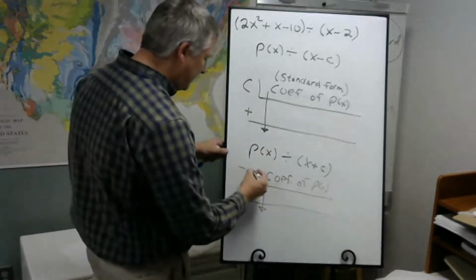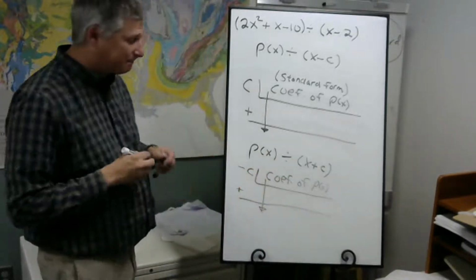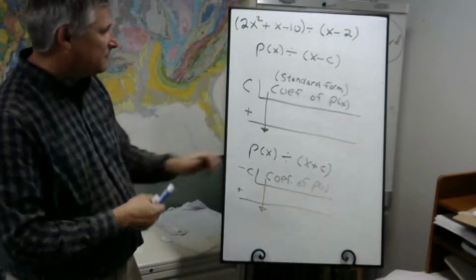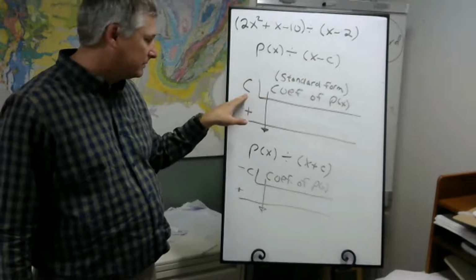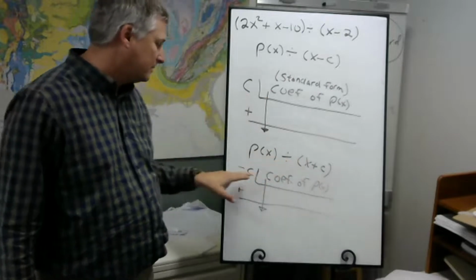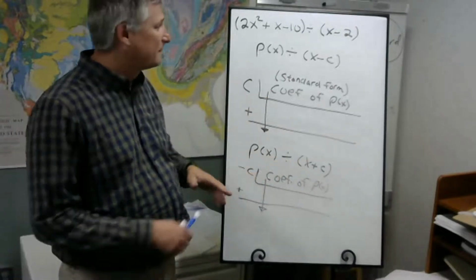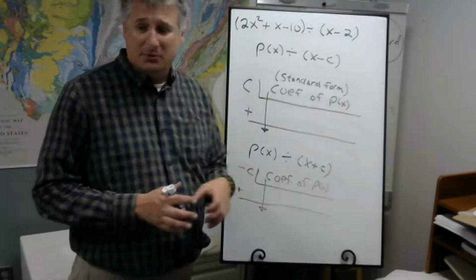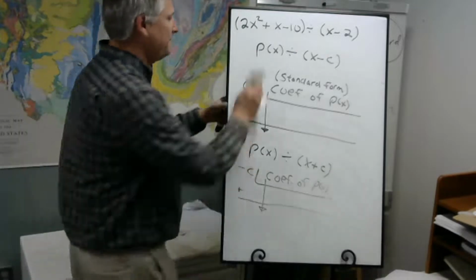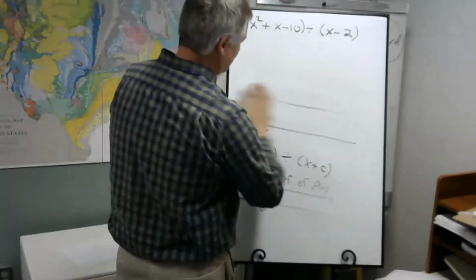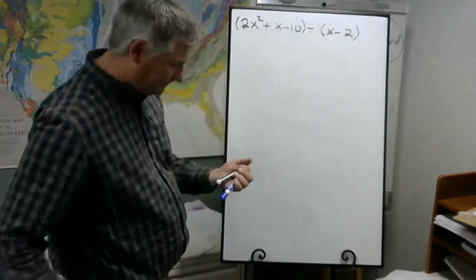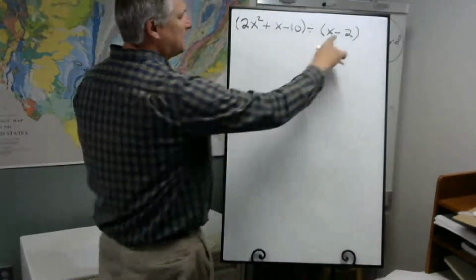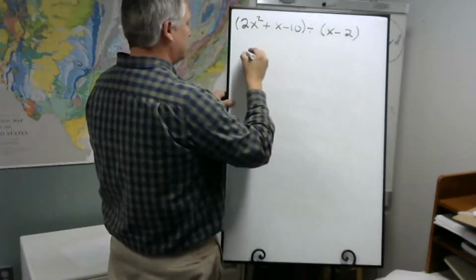And then we'll have minus c out here. So when we have x minus c, we've got a positive c out here. X plus c, we've got a minus c out here. So let me go through the procedure. Let me show you how it works. So this is a minus c.